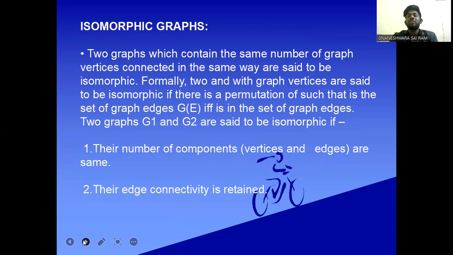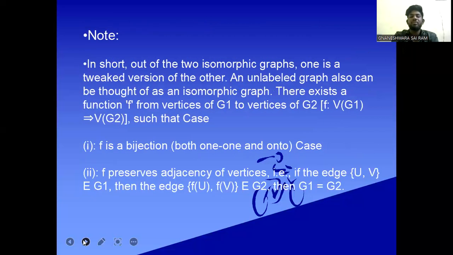Two graphs G1 and G2 are said to be isomorphic if the number of components, vertices and edges are the same and the edge connectivity is retained. Note: an isomorphic graph is a relabeled version of the other. An unlabeled graph can also be thought of as an isomorphic graph.